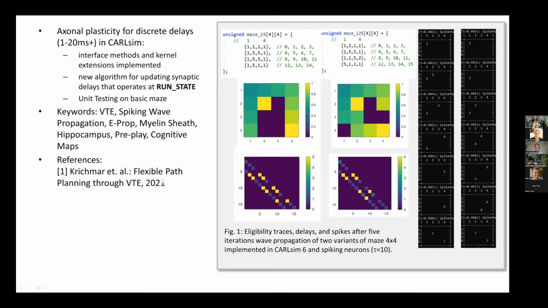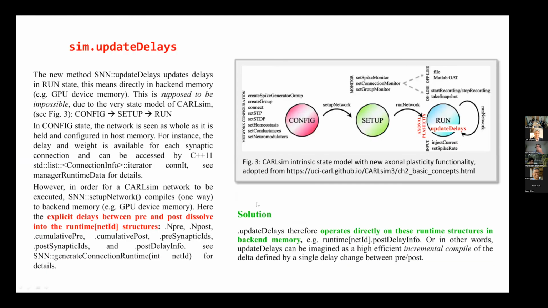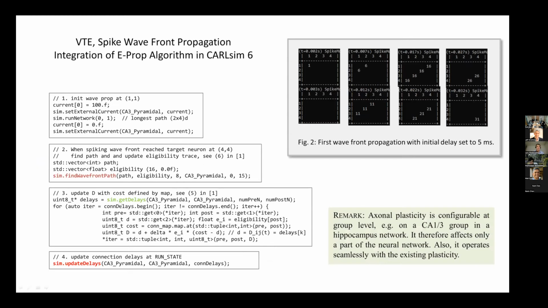Here the algorithm is laid out: find wavefront path. It returns the path and the eligibility. Here the calculation is done for the updates, and the critical part here is the update delays.